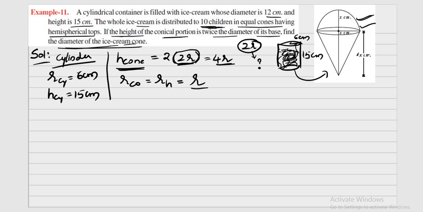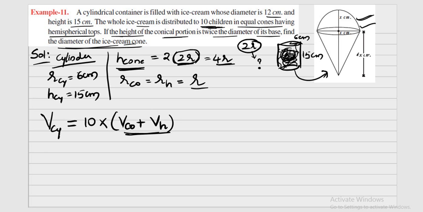Okay, remember this. Now what he has given? This particular cylindrical volume is shifted into 10 such volumes, right? So from this what can I say? Volume of cylinder is equal to 10 times (volume of cone plus volume of hemisphere). Because this total thing is distributed into 10 such shapes, no?